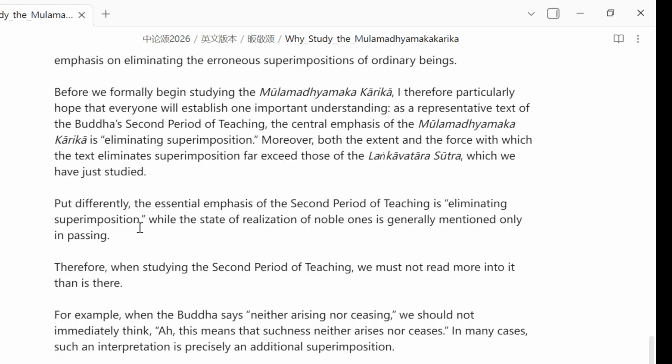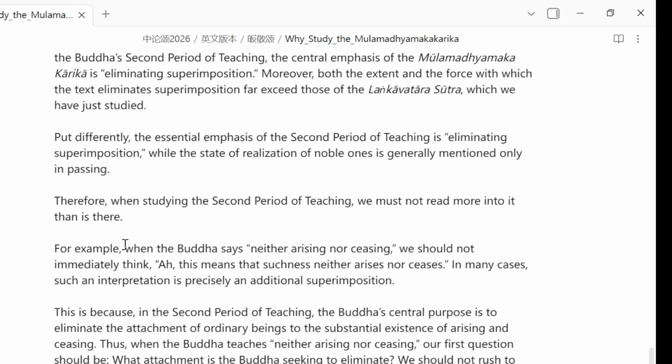Put differently, the essential emphasis of the second pillar of teaching is eliminating superimposition, while the state of realization of noble ones is generally mentioned only in passing.